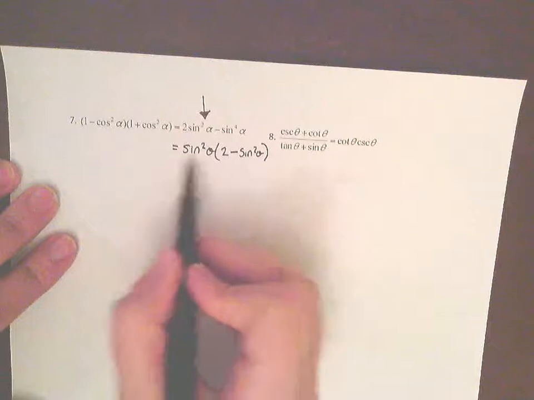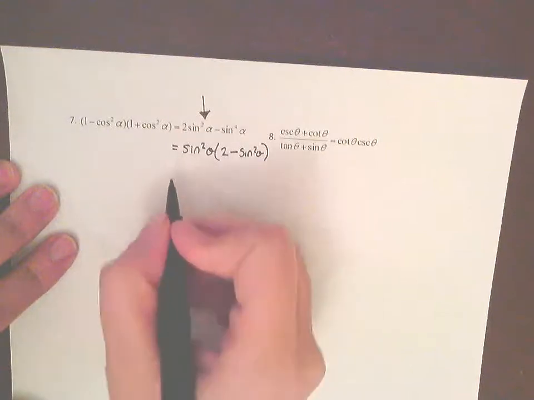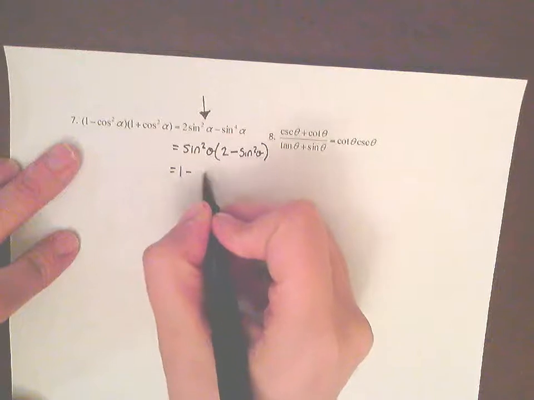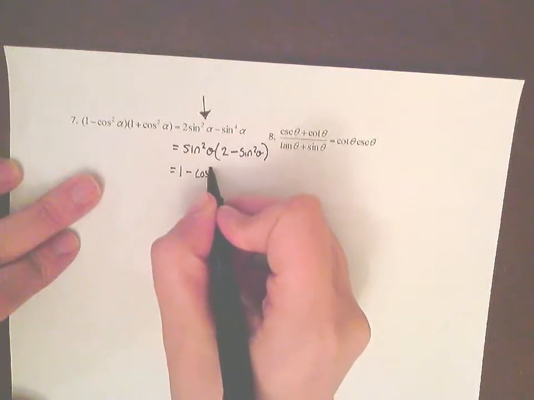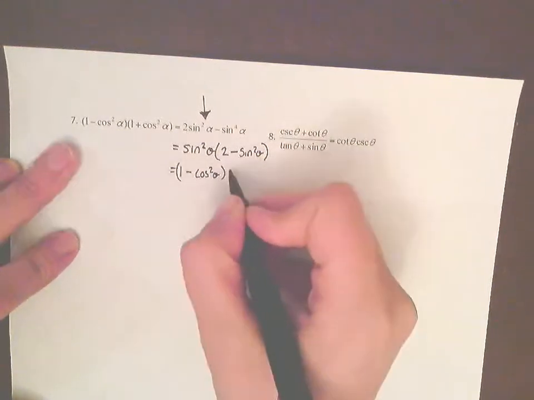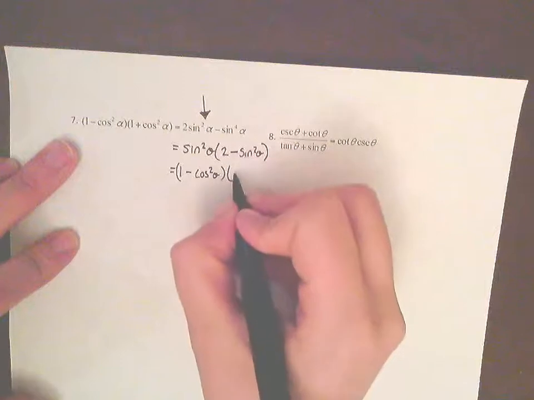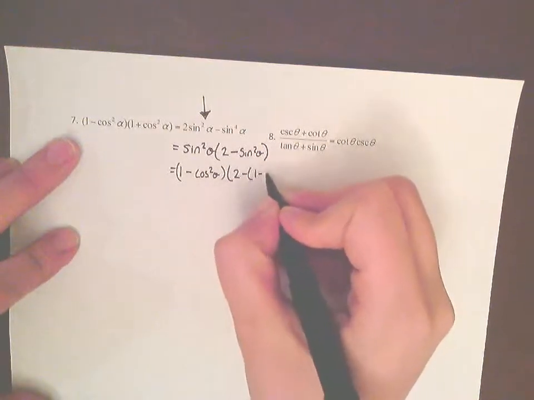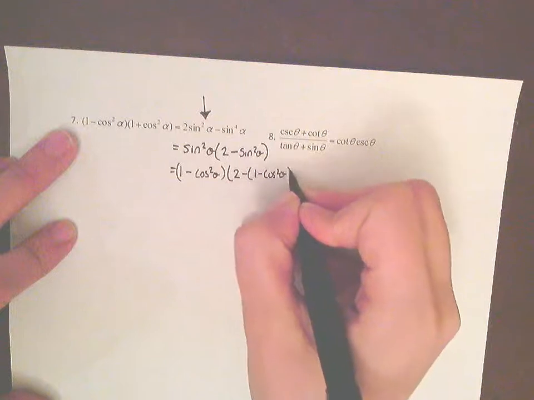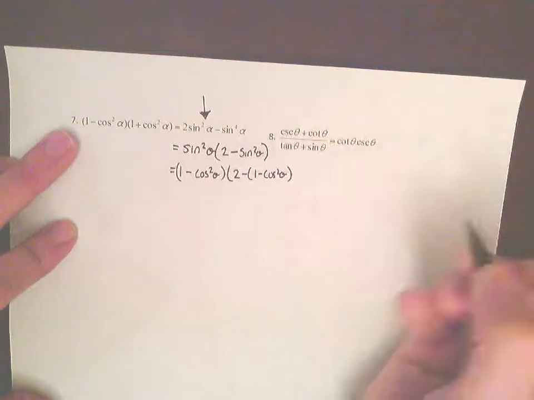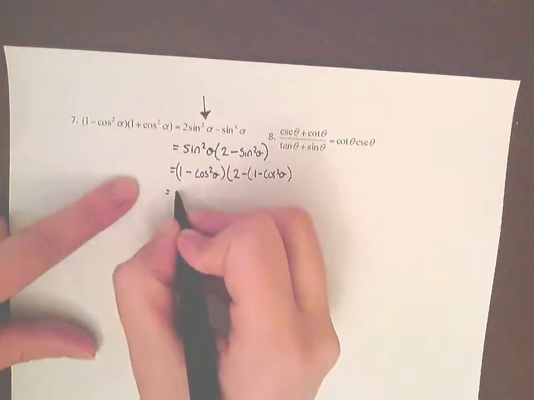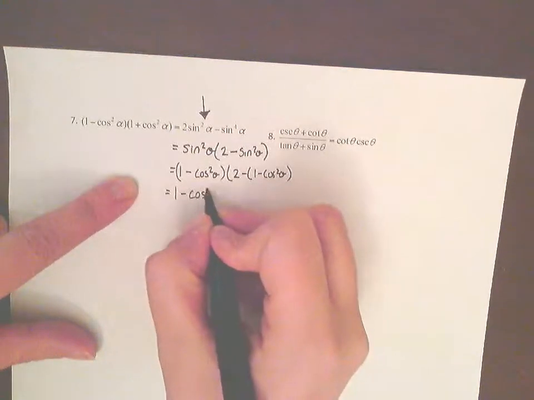So I can change these to cosines because we have sine squareds, I can rewrite this as 1 minus cosine squared of theta. And then in here, this is 2 minus 1 minus cosine squared of theta. So I just change the sine squareds. So you can already see that it's kind of looking the same. So now I have 1 minus cosine squared of theta.